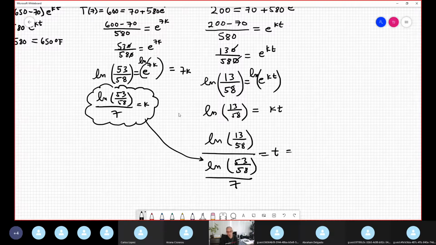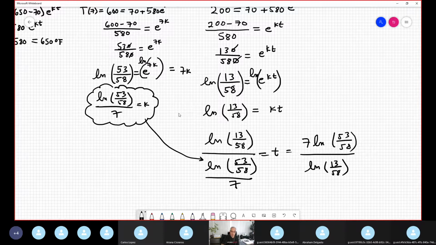Well, just one possibility is this fraction. You flip it up, you put 7, natural logarithm of 53 over 58 divided by natural logarithm of 13 over 58. And that's it. It's basically divided by k.